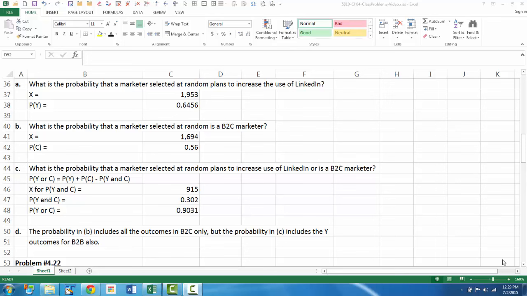Whereas in C we have that and those who are not C but are planning to increase LinkedIn use. That part is also added, and that's the difference. The probability in B includes all the outcomes in B2C only, but the probability in C includes that and the Y outcomes for B2B as well.